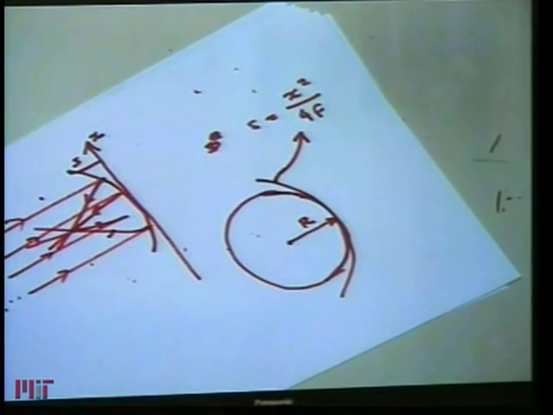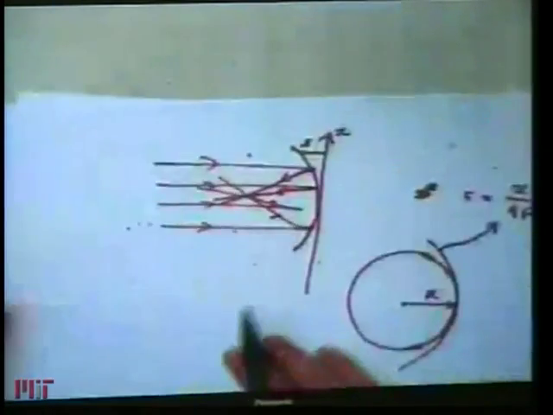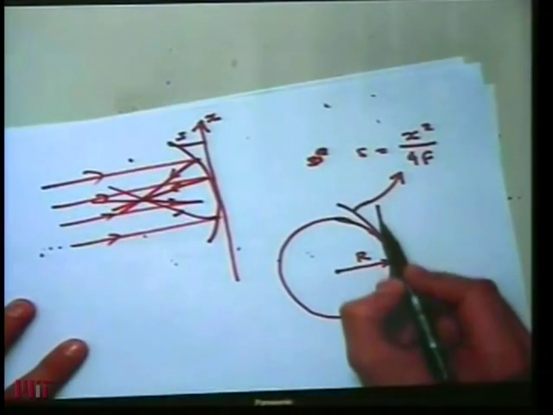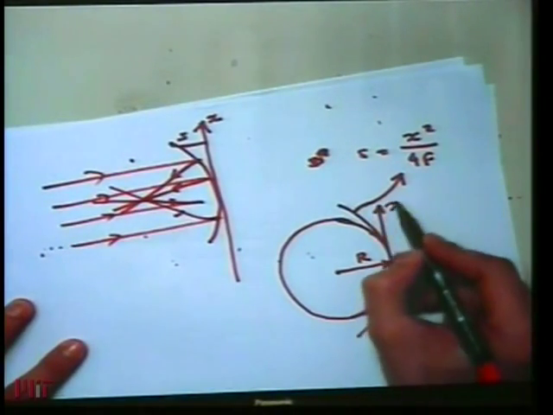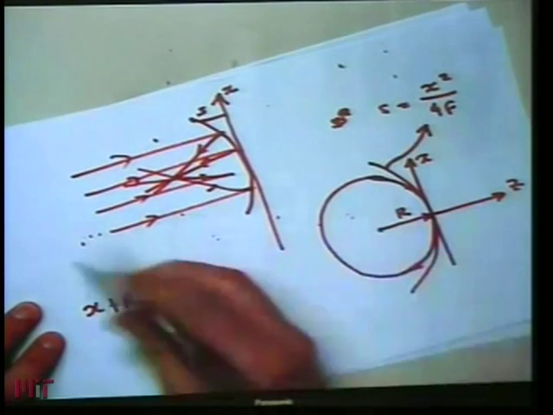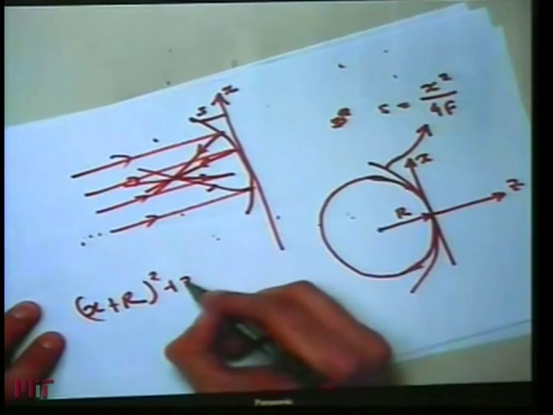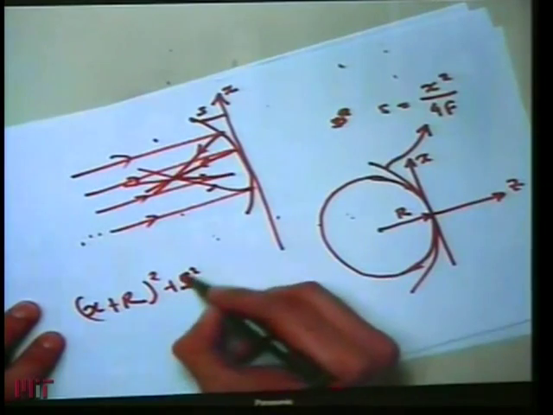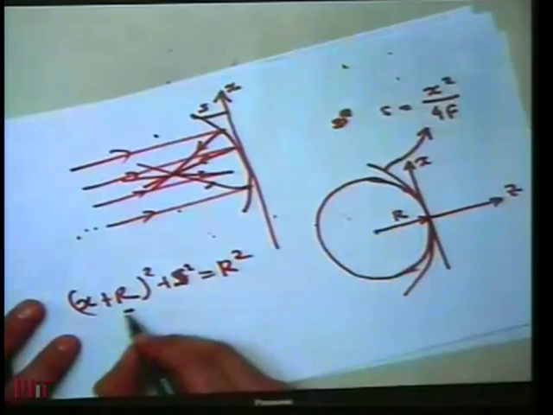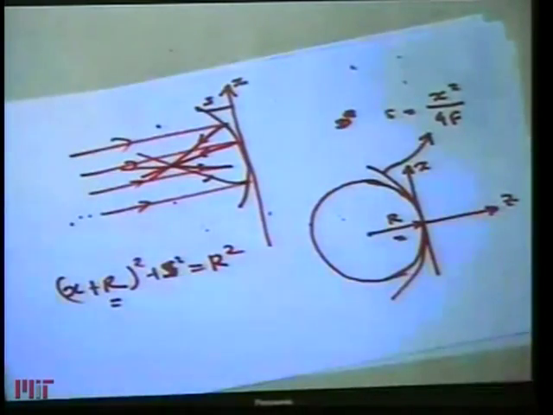So this is what I did here. We know how to write the equation for the sphere. In my chosen system of coordinates, this is x, and this is the positive axis z. So the equation for the sphere is x plus the radius squared plus z squared, actually s squared, equals the radius squared. This is the displacement with respect to the center of the coordinates.